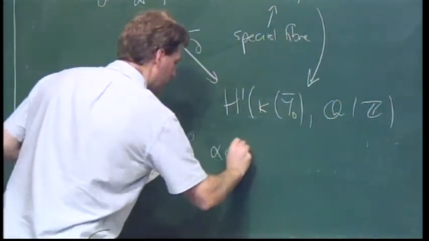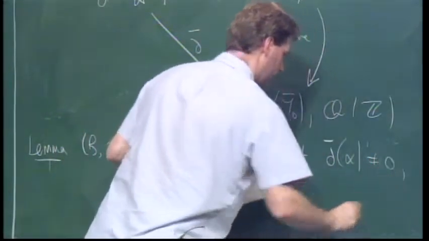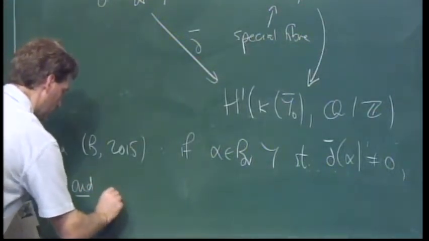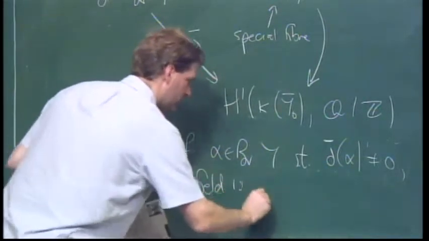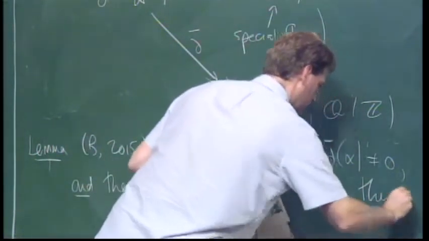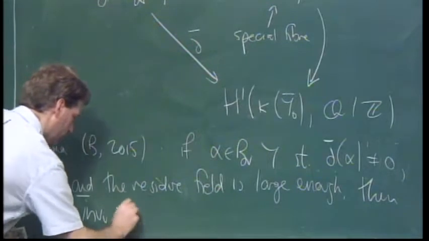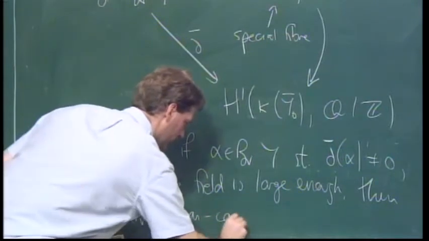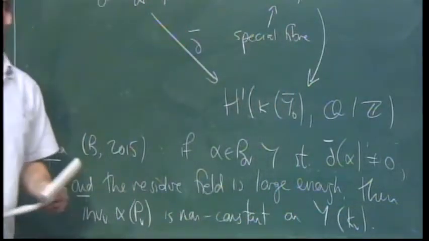If you have alpha in the Brauer group of Y such that delta bar of alpha is non-zero, and the residue field is large enough, then this invariant map, invariant alpha at v, is non-constant on Y(K_v).